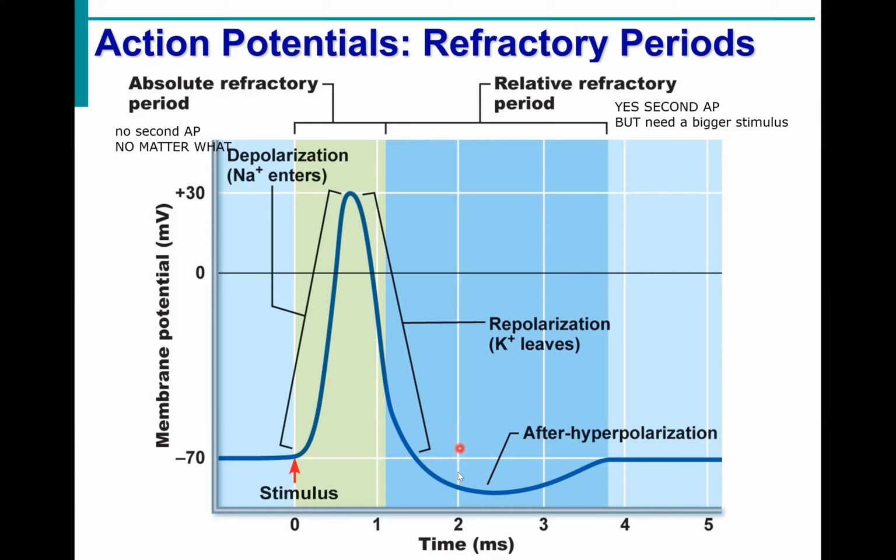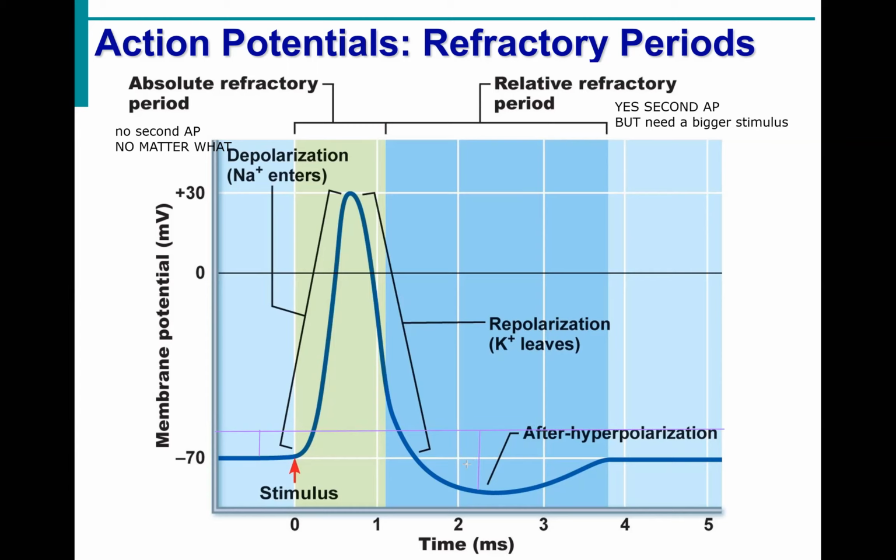So if you think about it, again, if the goal, and let's draw a line here. If this is threshold, right? If you think about it, the size stimulus you need from rest to get to threshold versus the size stimulus you need from it being hyperpolarized to get to threshold, this is a much bigger signal.